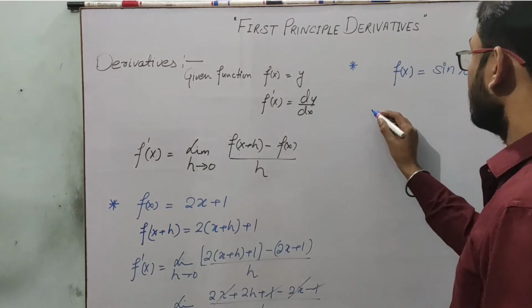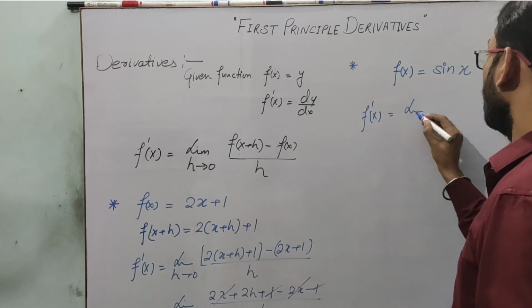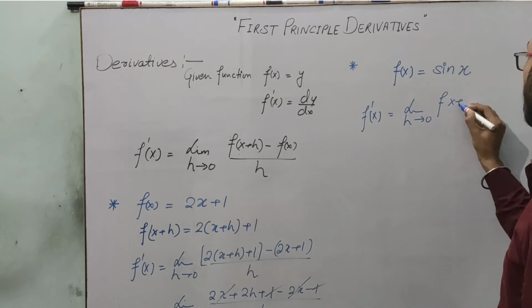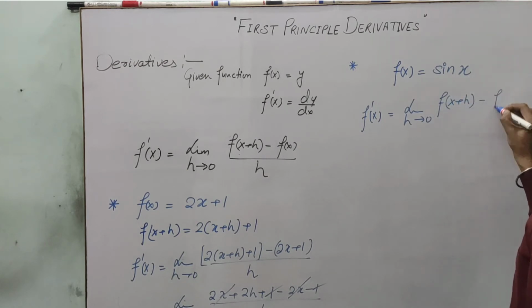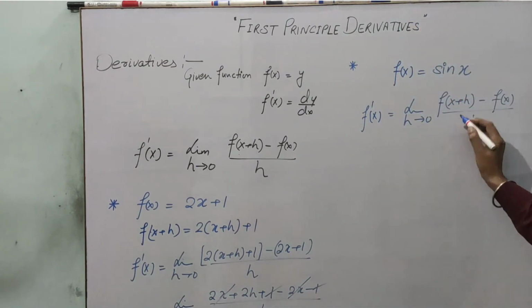We know the identity: first principle derivative is limit of h tends to 0, (f(x + h) - f(x)) whole upon h.